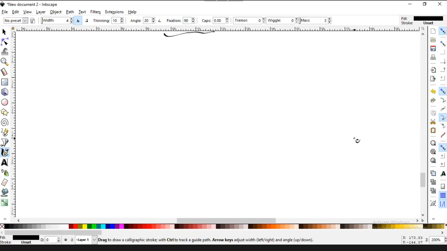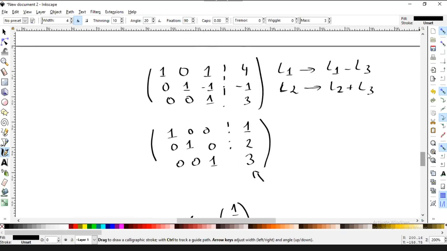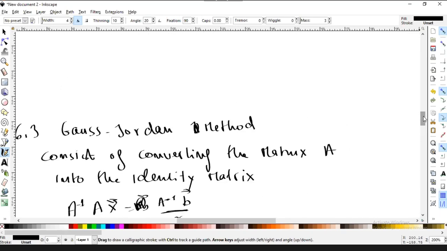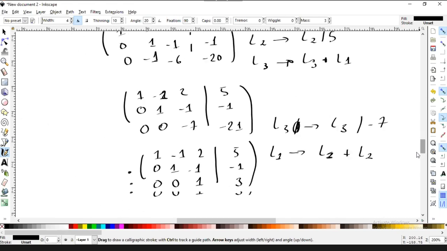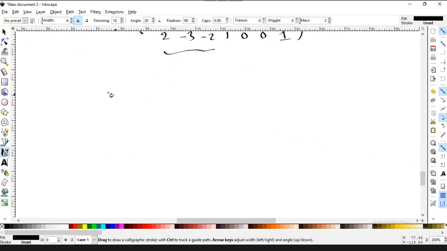Now I want to add a remark, whether it be for the Gaussian elimination or for the Gauss-Jordan. There is one problem that can appear.